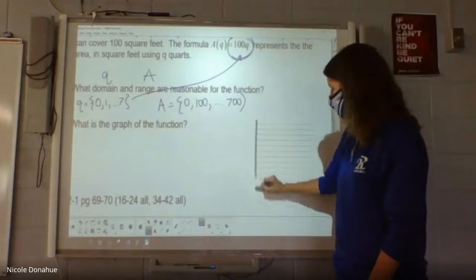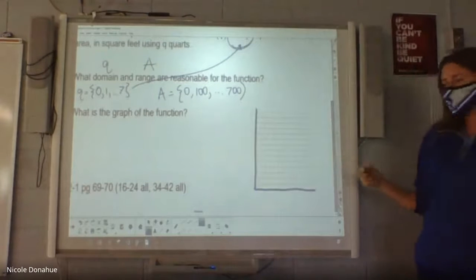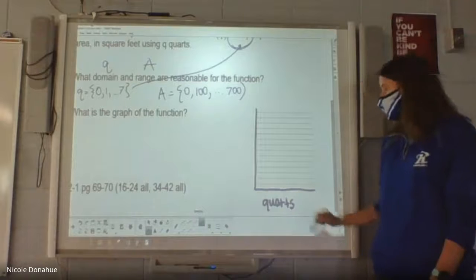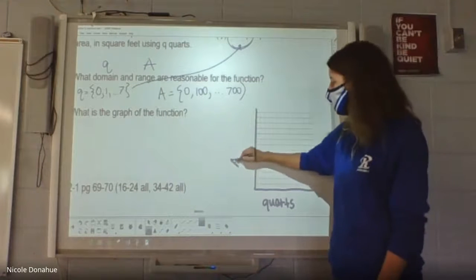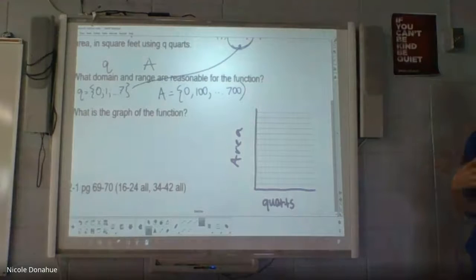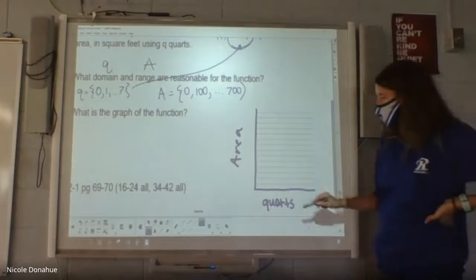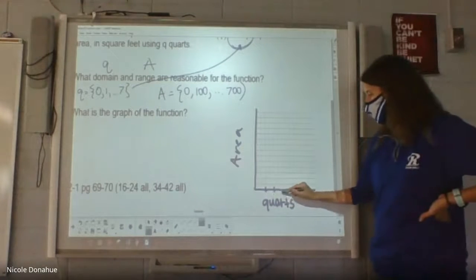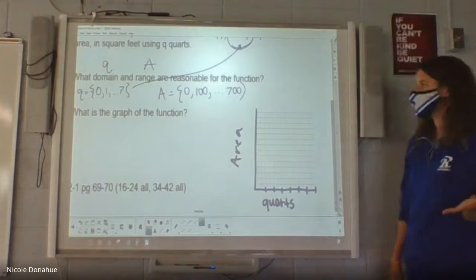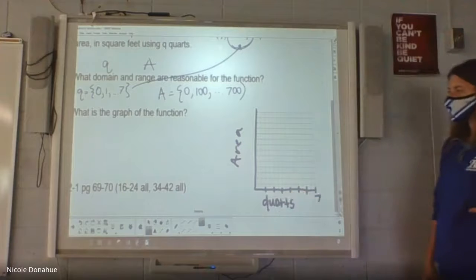So we're going to make our graph here. The x value typically goes across the bottom, so that's our quarts. And then our area will go up the side. I can make a reasonable range here. So I want 0 through 7 across the bottom. I don't know if I have enough space. Oh yeah, perfect. So there's 7 quarts, here's 1, and all the ones in between.